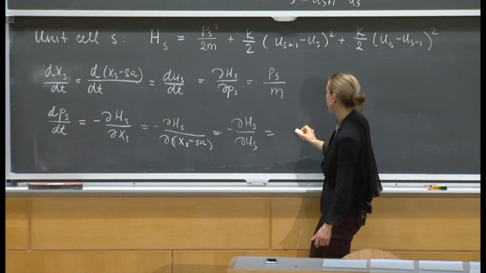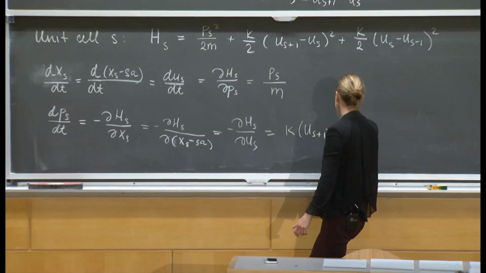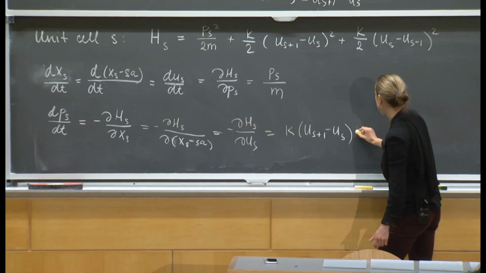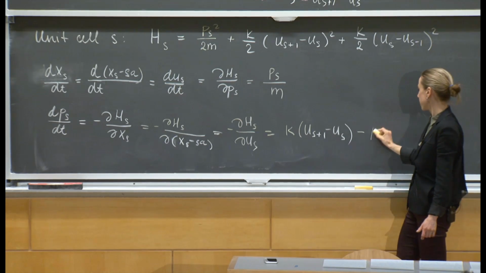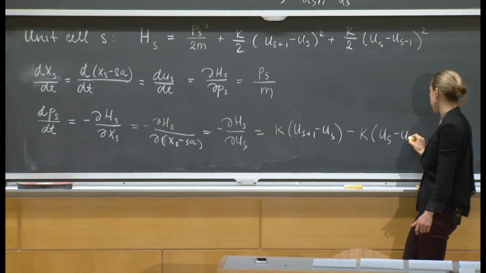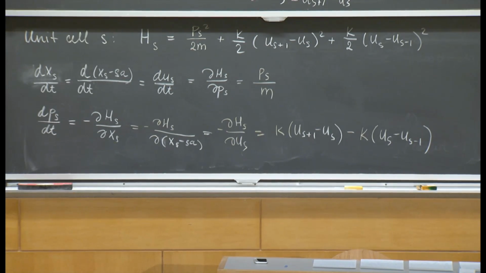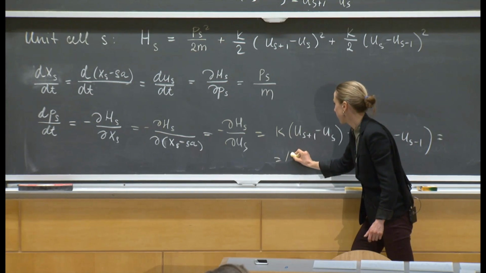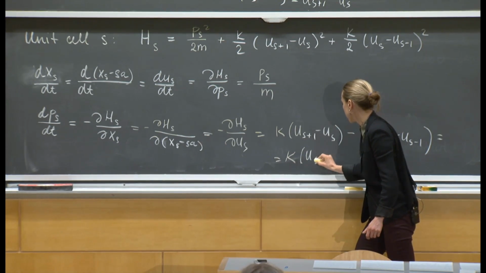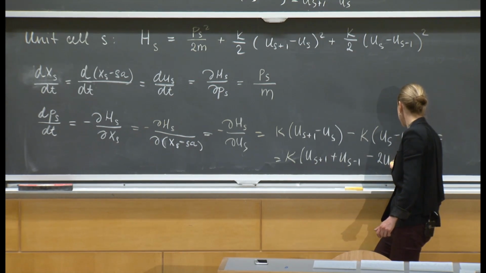So here we end up with k times us plus 1 minus us. And here we have a minus sign that does not go away, and we end up with minus k times us minus 1. So we have k times us plus 1 plus us minus 1 minus 2 us.